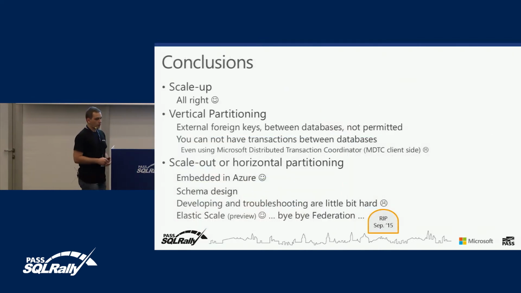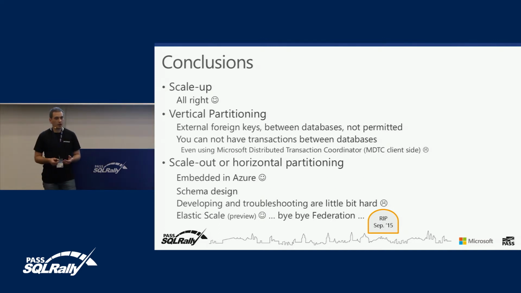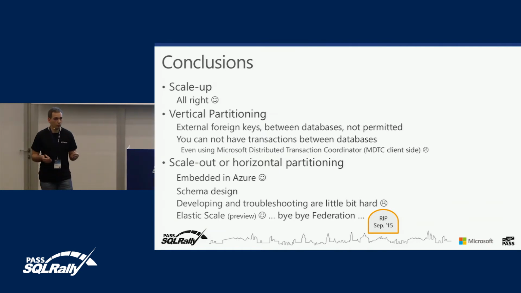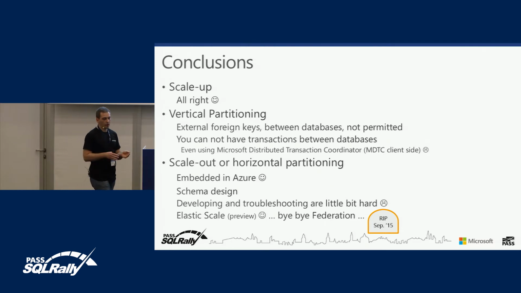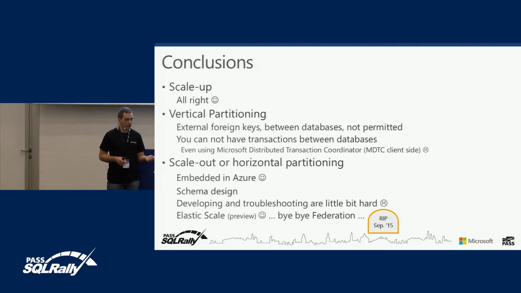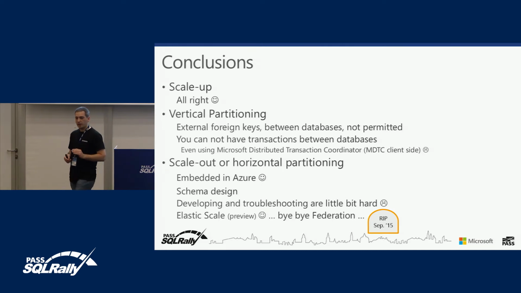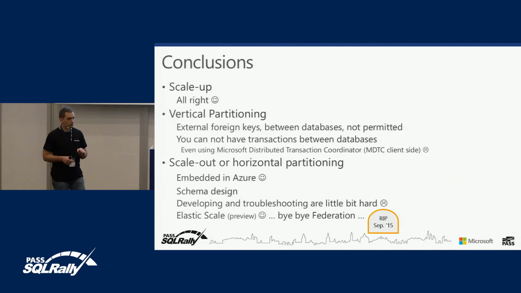Some conclusions about what we have seen. Using scale up is all right because it's so simple to do with a control panel to change the size of the database, but it has a limit: the size of the database up to 500 gigabytes.